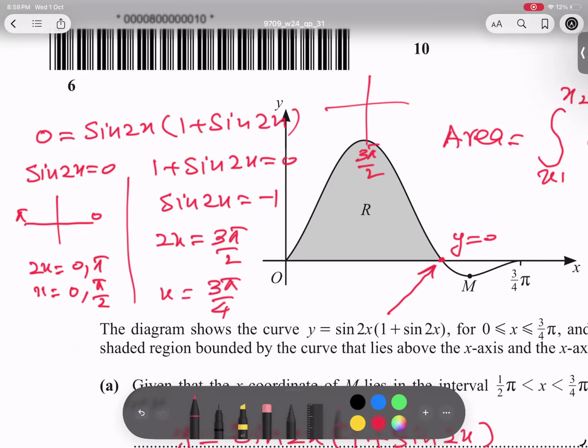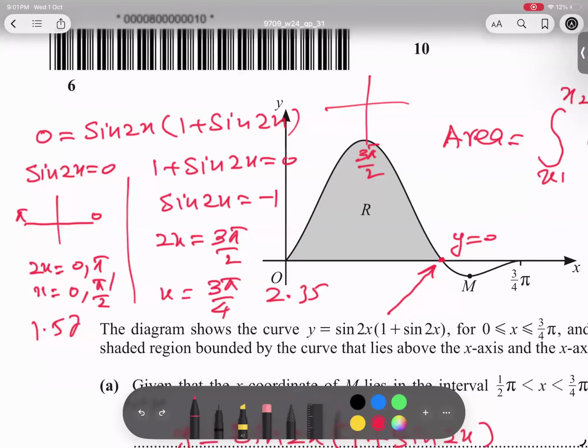Now we check which one is smaller. So 3 pi by 4 is basically 2.35, and pi by 2 is basically, if you check it, 1.57. So you can see this from here. So we get this answer from here. So we have to take pi by 2 here.